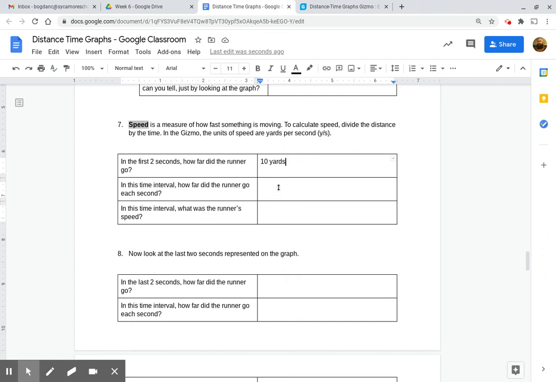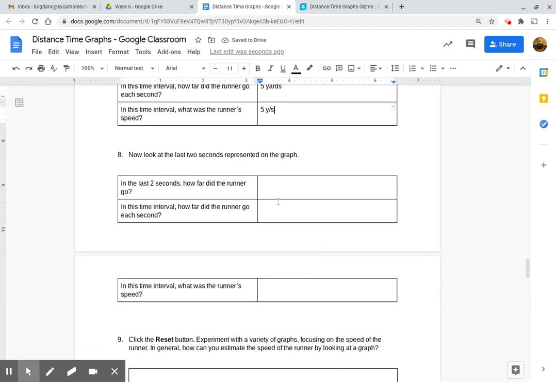So how far did the runner go each second? 5 yards. In this time interval, what was the runner's speed? Well, it's 5 yards each second. So we need to say our speed is 5 yards per second. The y/s is our label. Do a similar set of calculations with the correct labels for this part here.